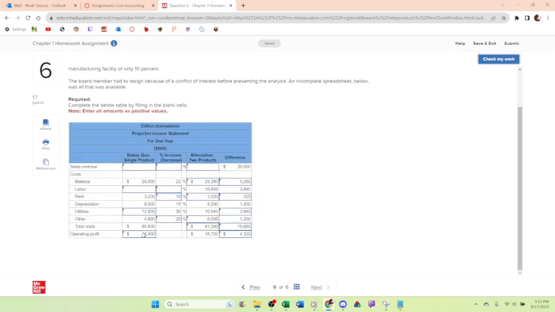Now that we've calculated the operating profit, we also know the total cost. So all we have to do is figure out the missing labor cost here. We already had the total cost in there.